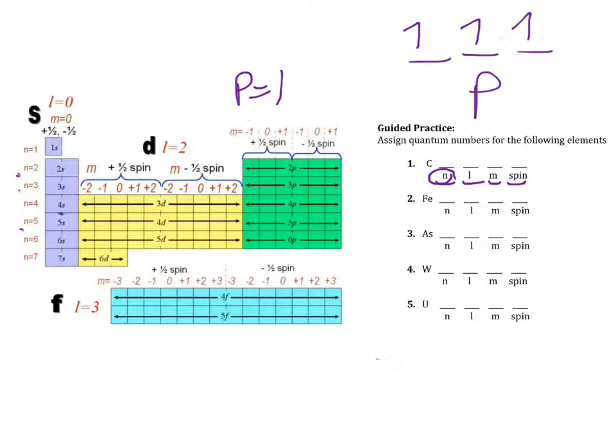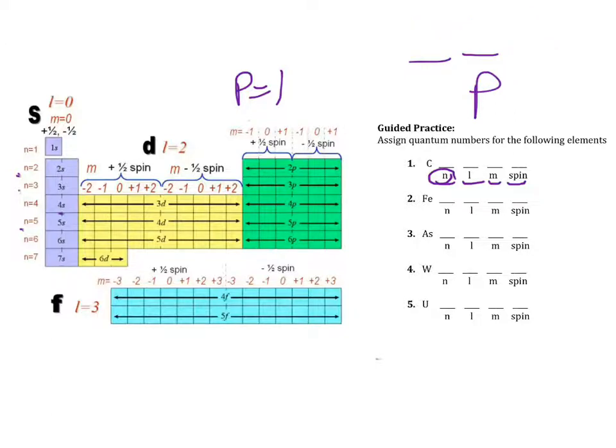spin. Now, if an electron is an up spin, it's going to have a positive 1/2. If it is a down spin, it's going to have a negative 1/2. And so let's go ahead and take a look here.